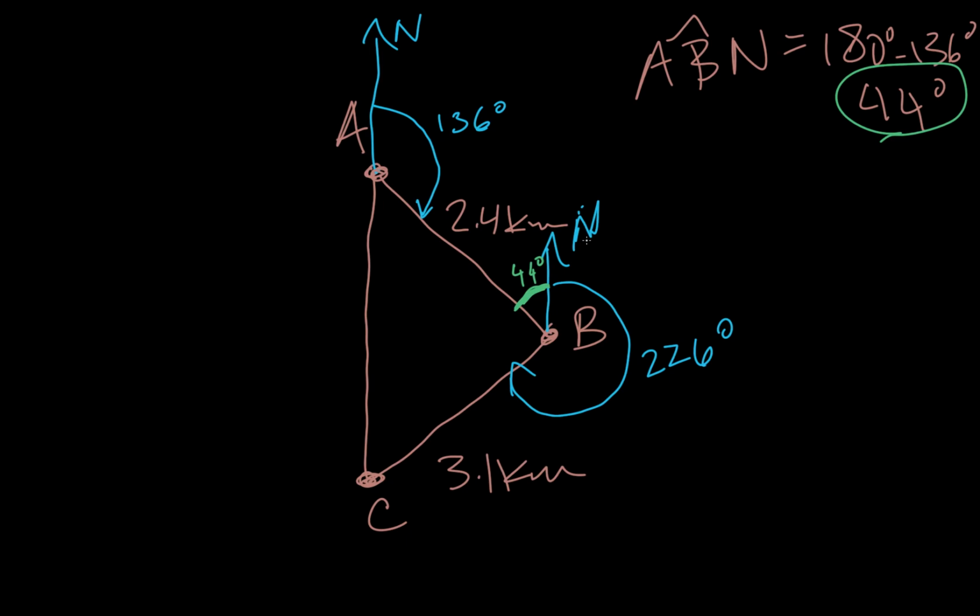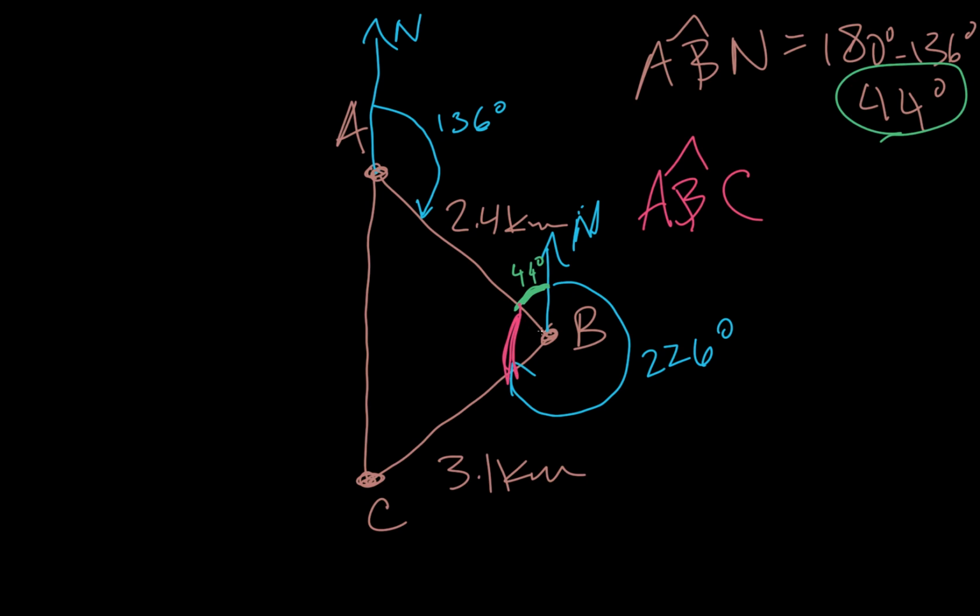Now, if we go A, B, C, so this angle, I guess I gotta get a new color. So the angle from here to here, A, B, C, we can see that that's a full circle if we use the pink, the blue, and the green together.